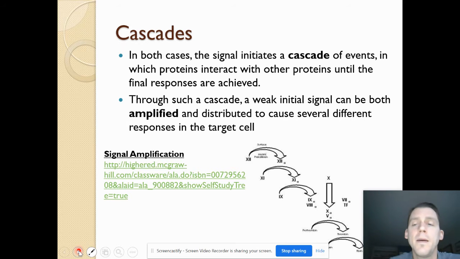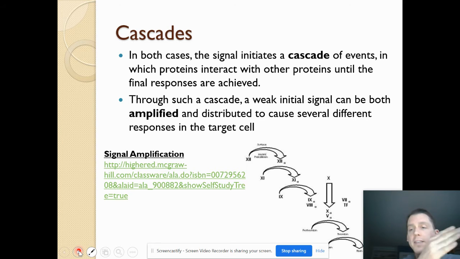In both cases, the signal initiates a cascade of events in which proteins can interact with other proteins until the final response is achieved. A cascade happens when one thing activates a different thing, and that protein is then going to activate something else, and something else, like dominoes.